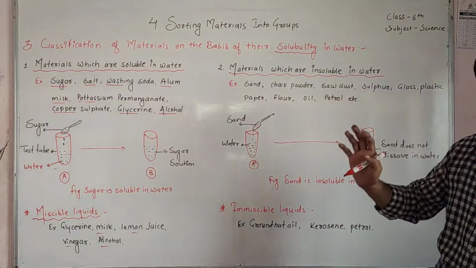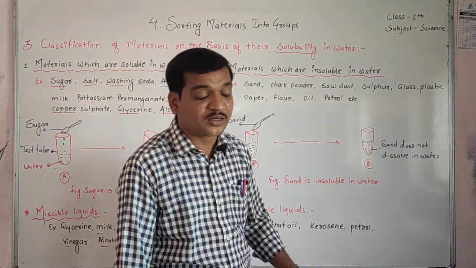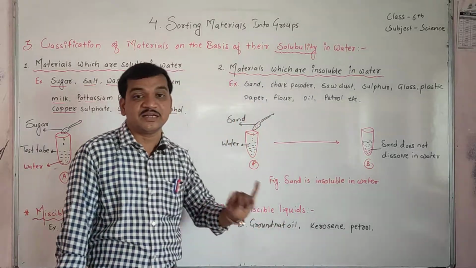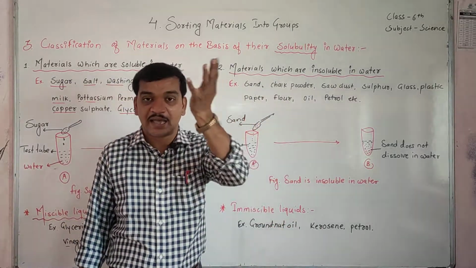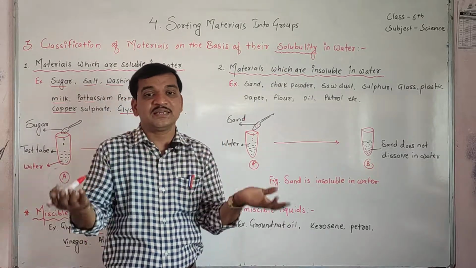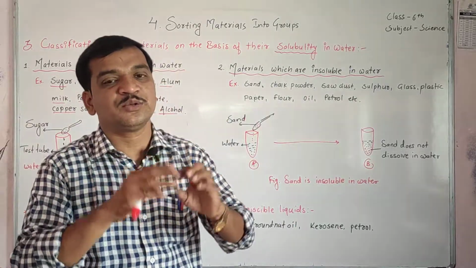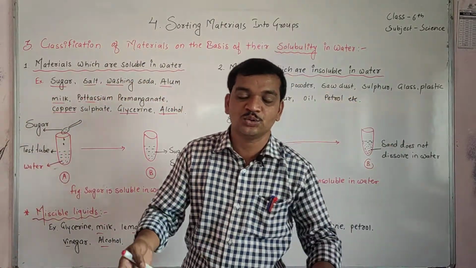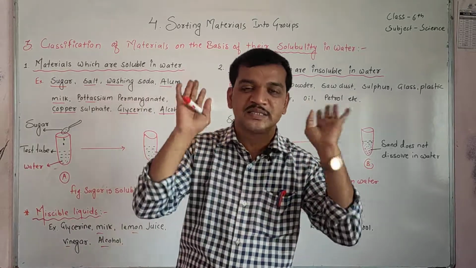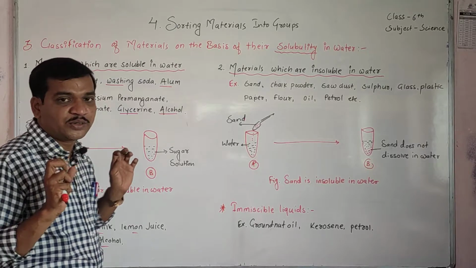It remains as it is even after shaking, which indicates that oil is insoluble in water. It is called an immiscible liquid, because both water and oil are liquids and they do not mix in each other. Liquids which do not mix are called immiscible, and two liquids which mix are called miscible. Understood students?